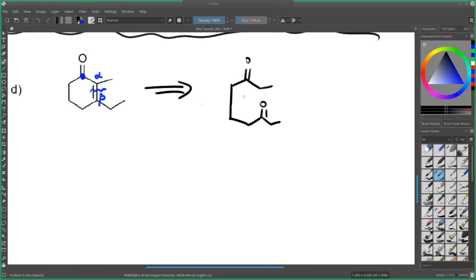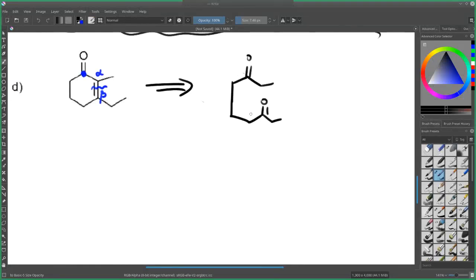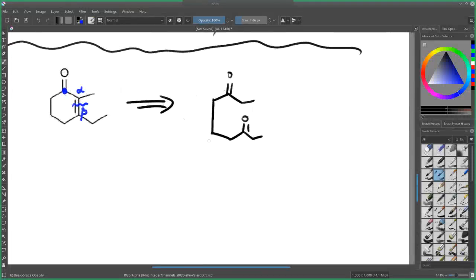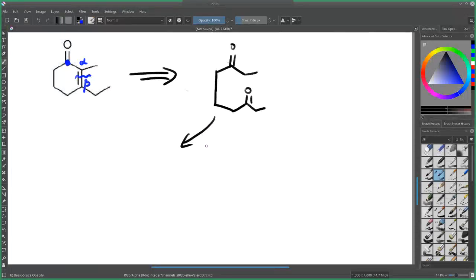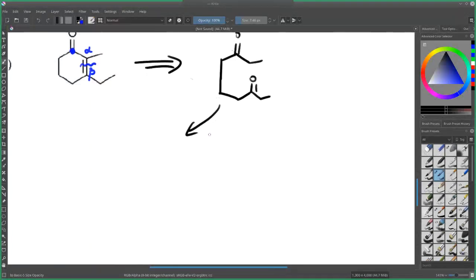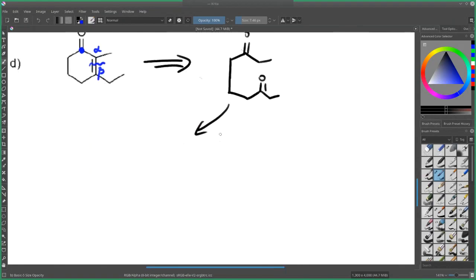This question is just how would we make this with aldol, Claisen, or other condensations? Presumably we're not starting with this compound over here because that would be pretty easy, right? From here, we could just do it in acid or base, either one would work. So how about we just do it in base, because things tend to work better in base.